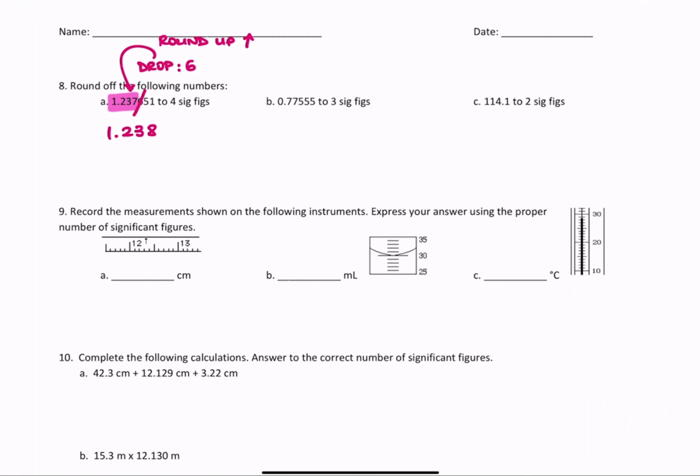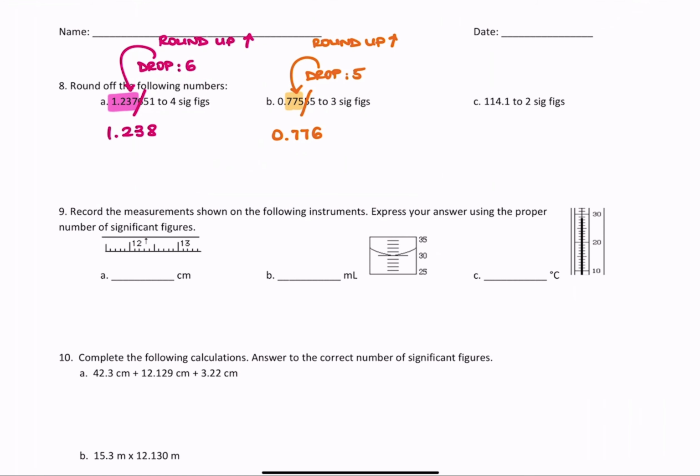For number B, I want to round to 3 sig figs. Remember that the 0 up front doesn't count, so those are my 3 sig figs. Therefore, I want to drop a 5. When I drop a 5, I round up. Therefore, my answer to 3 sig figs will be 0.776.